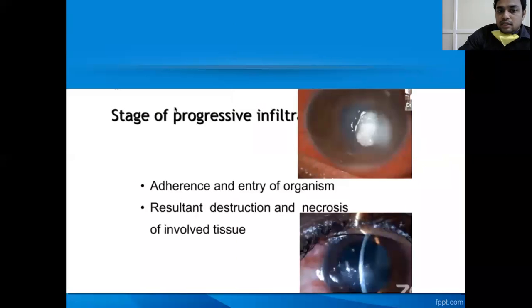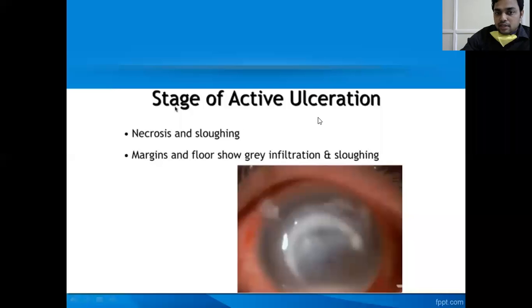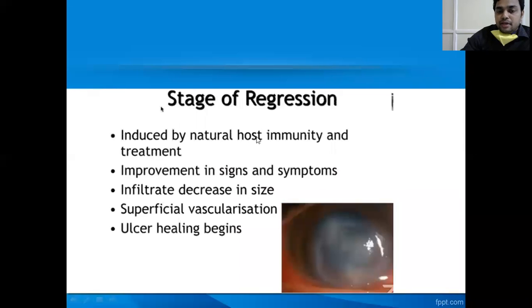So basically, in the stage of progressive infiltration, we see adherence of the organism and resultant destruction and necrosis of the involved tissue. In the stage of active ulceration, we see necrosis and sloughing, and the margin and floor show gray infiltration. In the stage of regression, because of natural host immunity, there are decreased signs and symptoms.